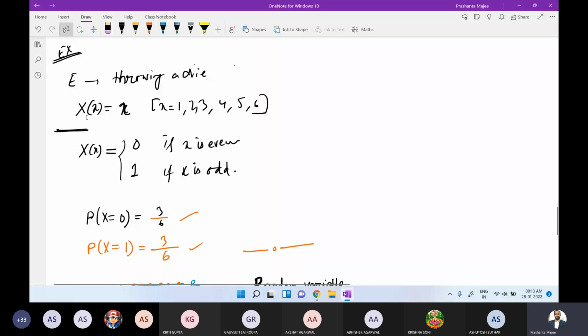The first one, X equals the face value of the die, also has a finite set of outputs 1, 2, 3, 4, 5, 6, so that is also a discrete random variable.